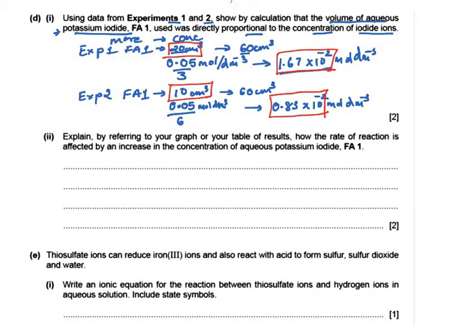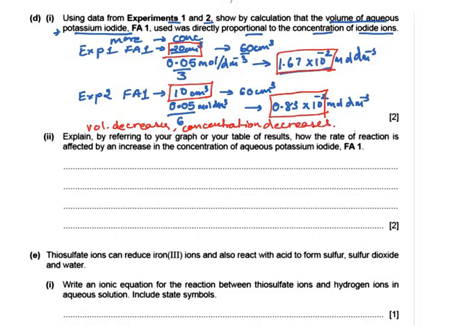So this proves that the volume of potassium iodide is directly proportional to the concentration of iodide ions. So we can write here: volume decreases, concentration decreases.